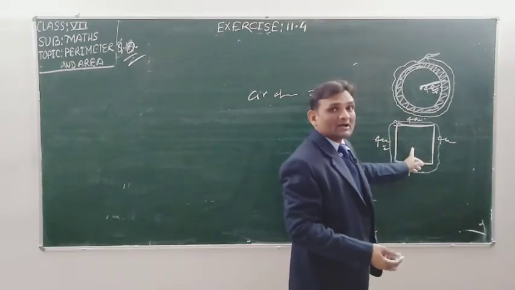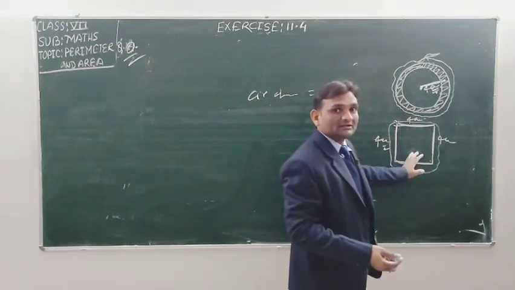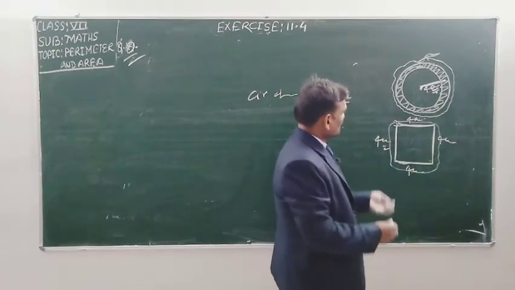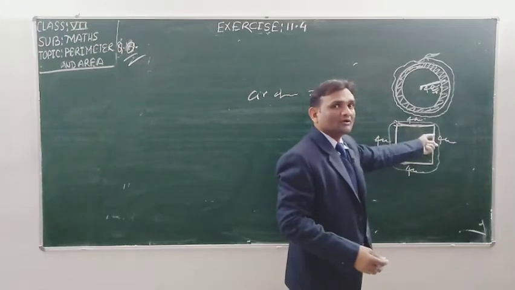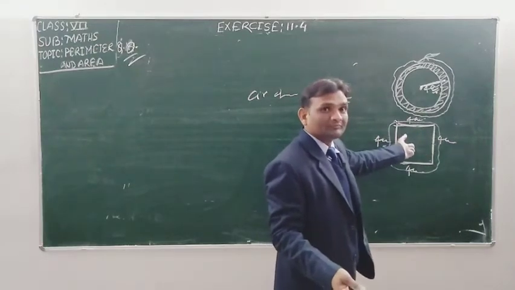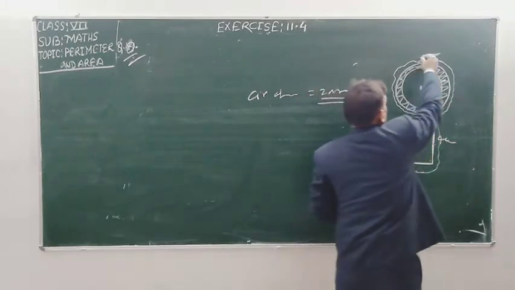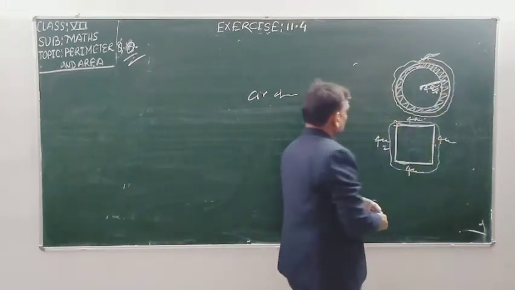So perimeter of the square is 4 into side, 4 into 4, which is equal to 16 centimeter. And this card you are using here.